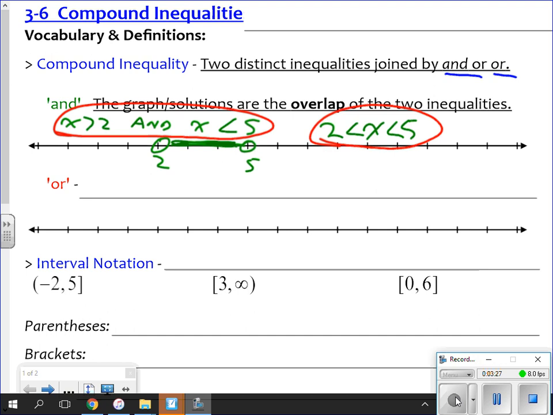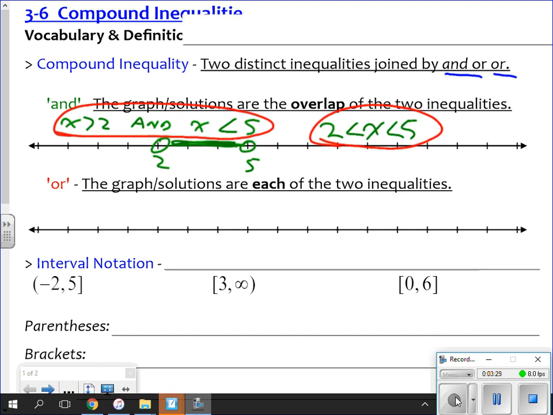Okay, then we have the or situation. And we have an or graph. The solutions are of each of the two inequalities. So it's not where both of them are true, it's where either one of them happens.